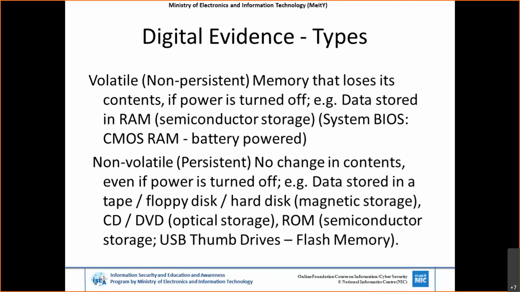There are two types of digital evidence, volatile and non-volatile. In volatile memory, the entire data will be erased when you switch off your system. In non-volatile, like a hard disk, even if you switch off your phone or system, the data won't be lost. Here, the RAM is a main part of volatile memory.